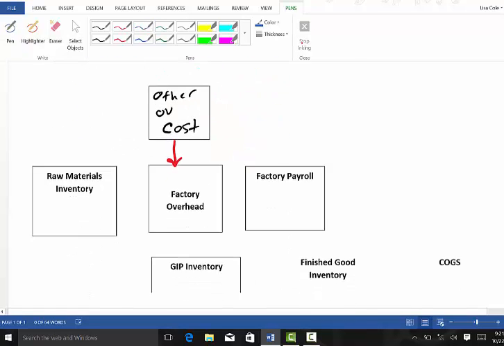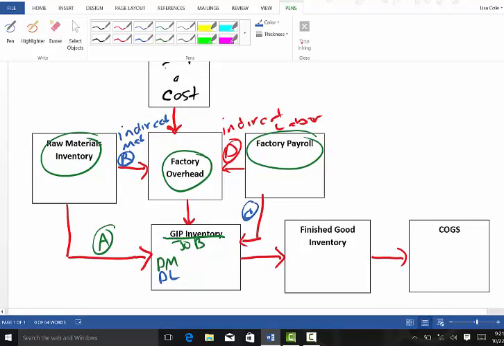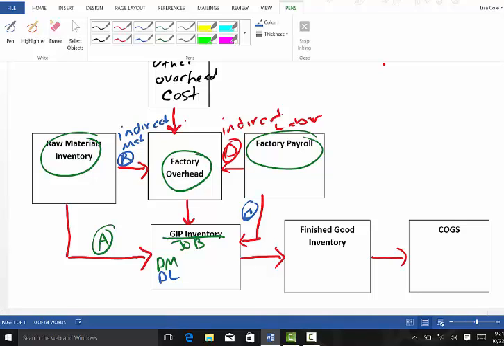So if we scroll down here at the bottom and look at what we have, here's our factory overhead. And keep in mind, of course, indirect material goes into factory overhead, our indirect labor, and then we have all other overhead costs. They will also go into that factory overhead.